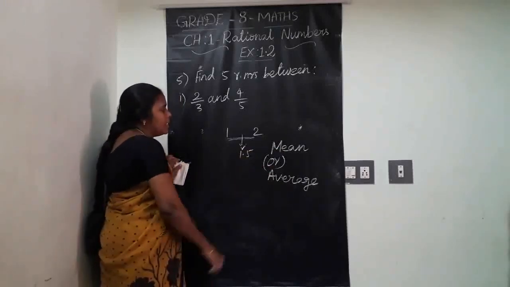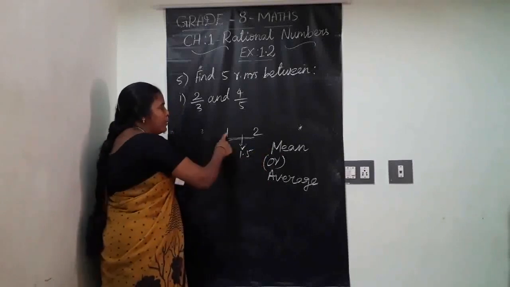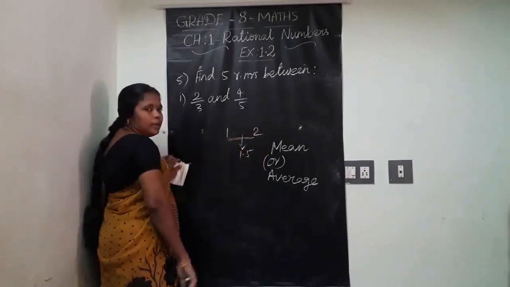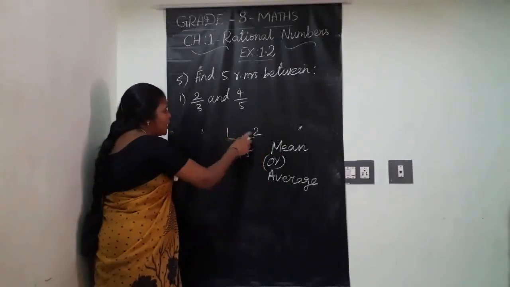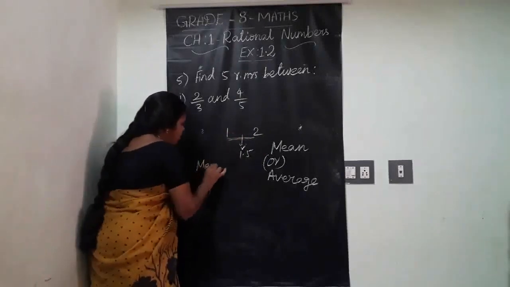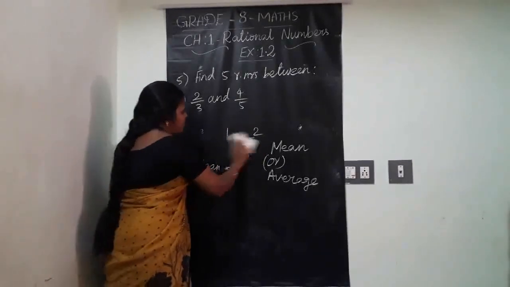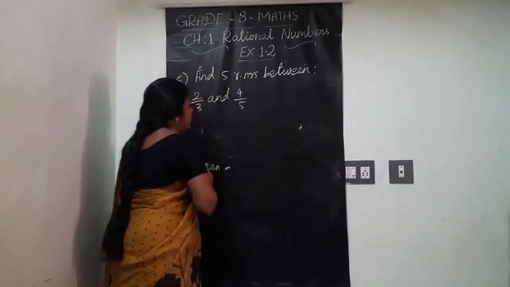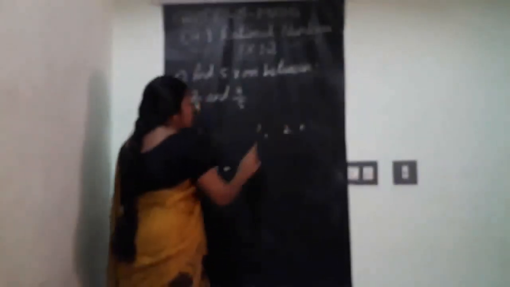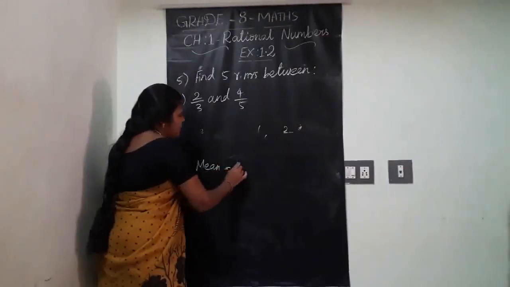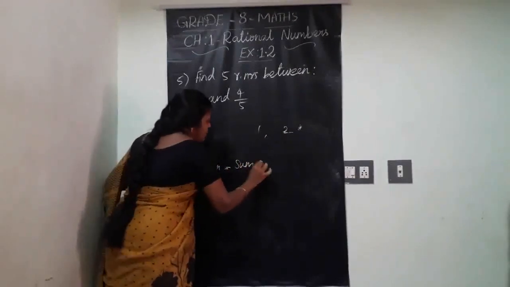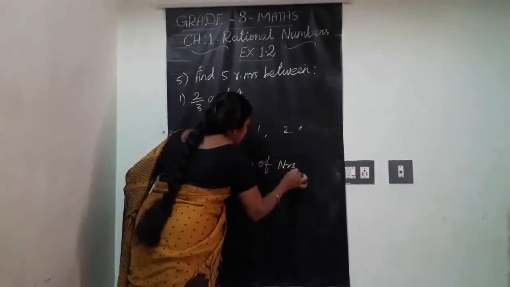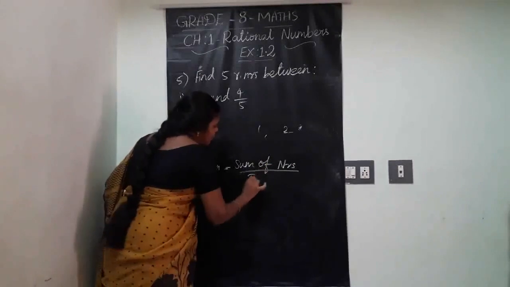Again I am recalling. How do you find mean? You have to add the numbers and divide. See here how many numbers are there? Given numbers are two numbers only. So mean means the sum of the numbers by the total numbers.